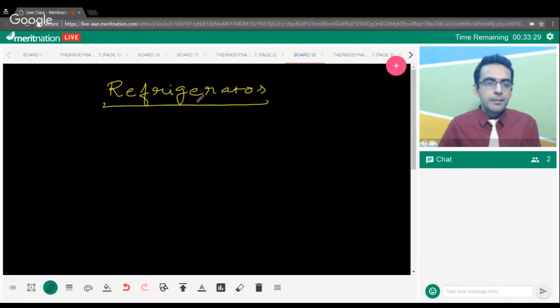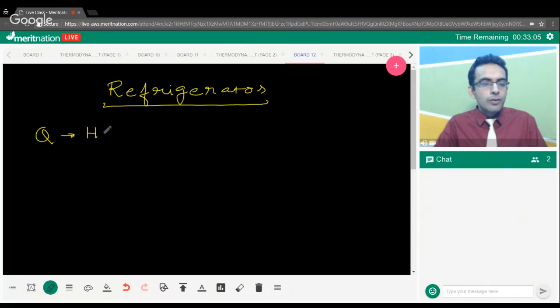Or you can say it takes the heat from the source, which is having low temperature, and gives it to the surroundings that is at high temperature. So now this is not spontaneous. You see, always heat flows from higher temperature to lower temperature, right?